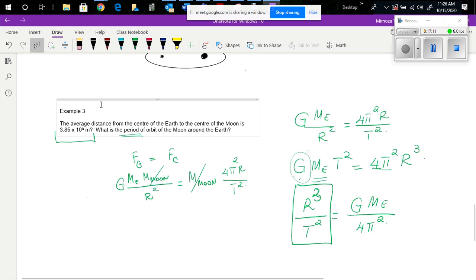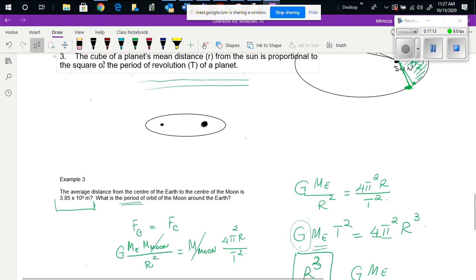So if you read it carefully, it's saying that the cube of the distance R from the Sun, and from everywhere from the Sun, is proportional to the square of the period of the revolution of a planet.